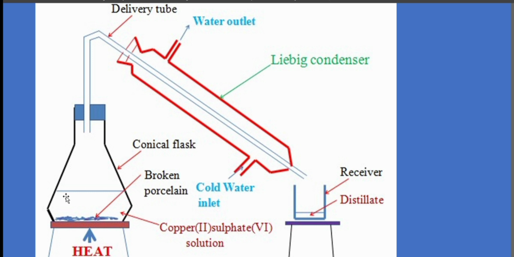Like we said, it is to prevent bumping and also to ensure even distribution of the heat. Then you have a delivery tube from the conical flask to the receiving end. The conical flask is fitted with a stopper.